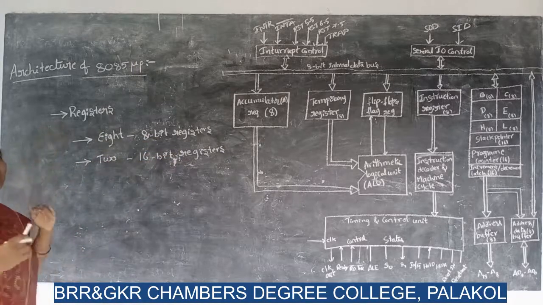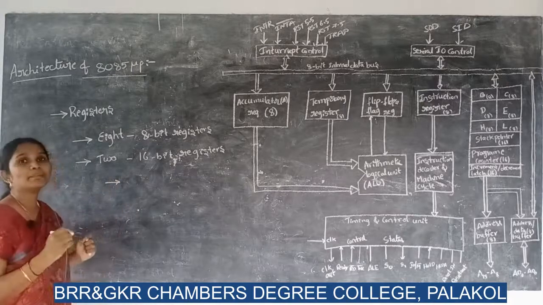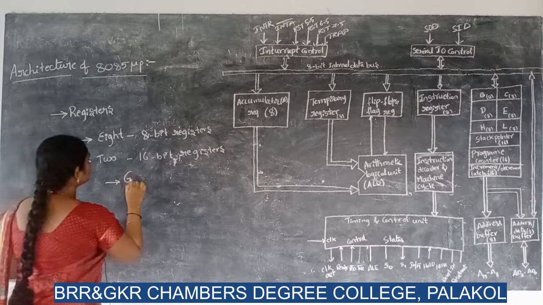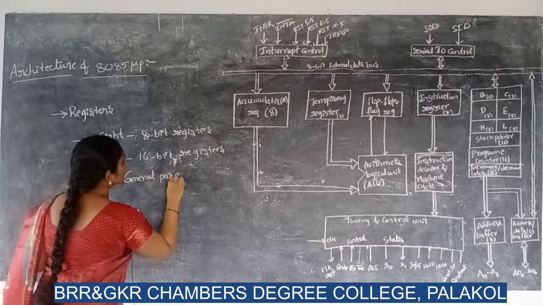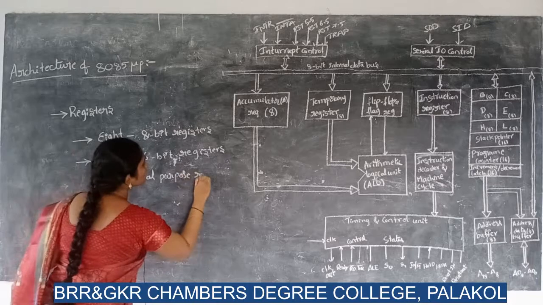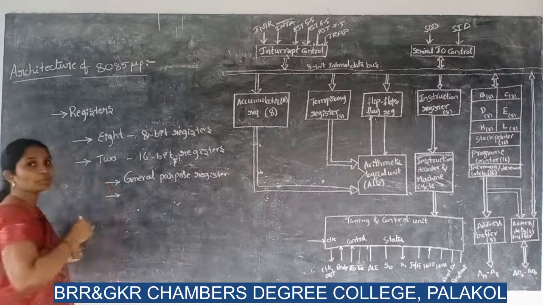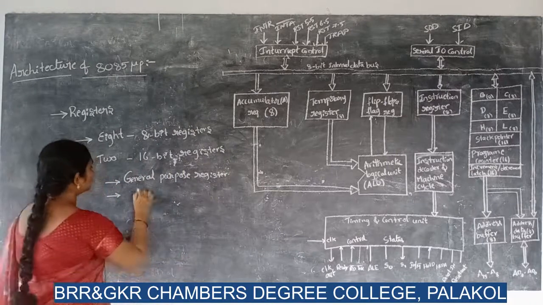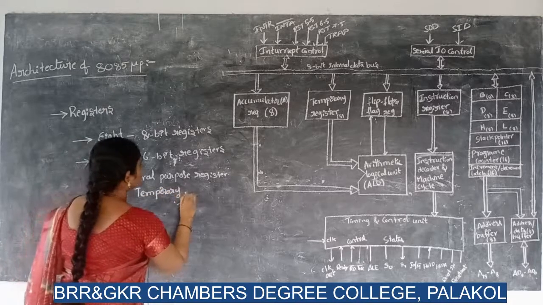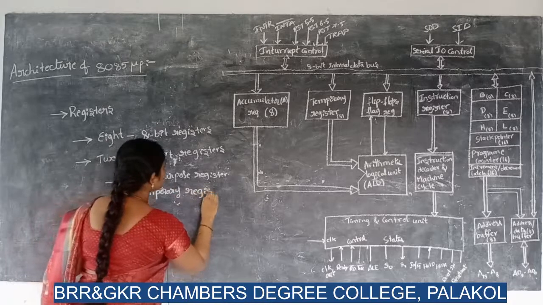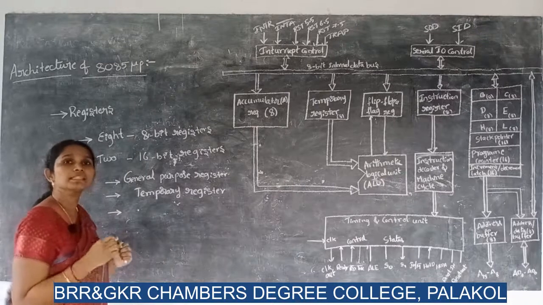Now these registers are classified into three types. The first one is the general purpose register, the next one is the temporary register, and the third one is the special purpose register.